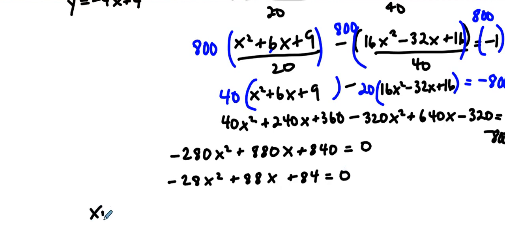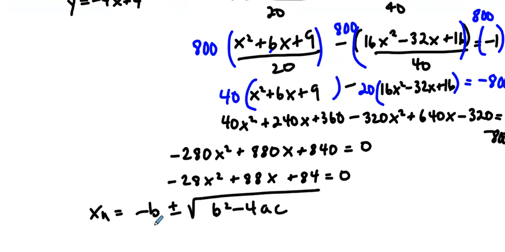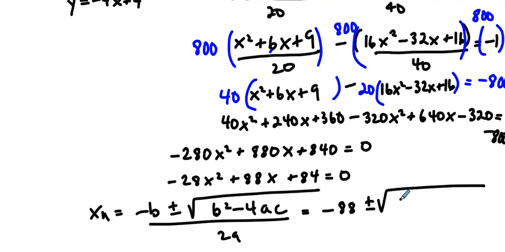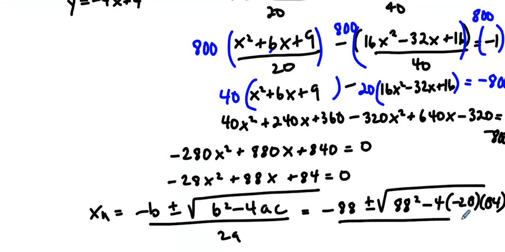Okay, so now we have the quadratic formula: negative b plus or minus the square root of b squared minus 4ac, all over 2a. So negative 88 plus or minus the square root of 88 squared minus 4ac, divided by 2a.